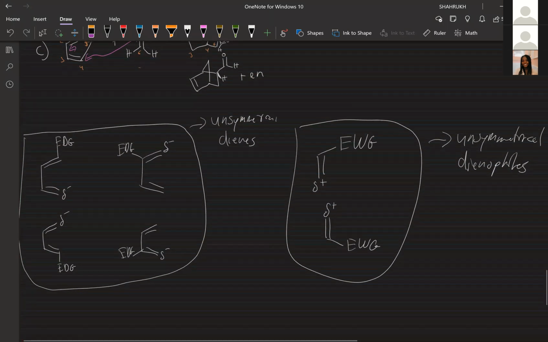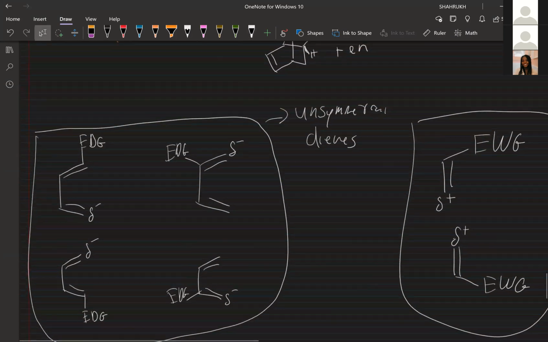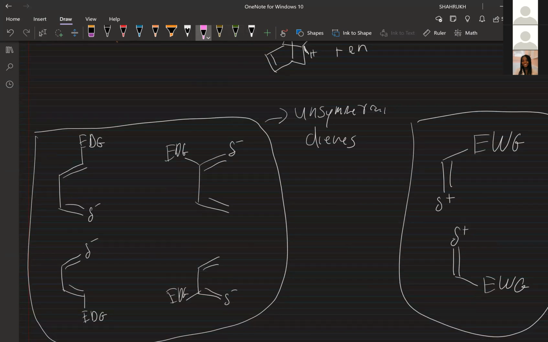Okay, so when you have unsymmetrical dienes and dienophiles, the positioning is kind of important. Here I have examples. For unsymmetrical dienes, when you have an electron donating group on one side, remember, it will donate electron density.